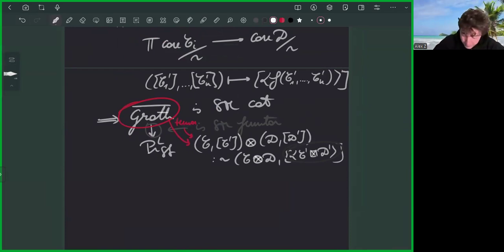I think this symmetric monoidal functor between Groth bar and PRLST seems like a co-Cartesian fibration of operads. Yeah, exactly. It's a co-Cartesian fibration of operads, but the operads are symmetric monoidal categories. Right, okay. So it's a special co-Cartesian fibration of operads. Yes, exactly. Thanks.